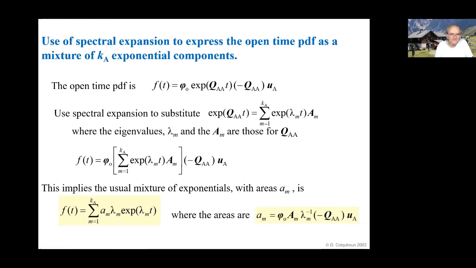And the areas, when you compare these two expressions, must be given by this: the initial vector times the mth spectral expansion matrix times the mth eigenvalue times minus QAA times QA. You can calculate all of those things directly from the Q matrix. And that's how the areas are calculated.